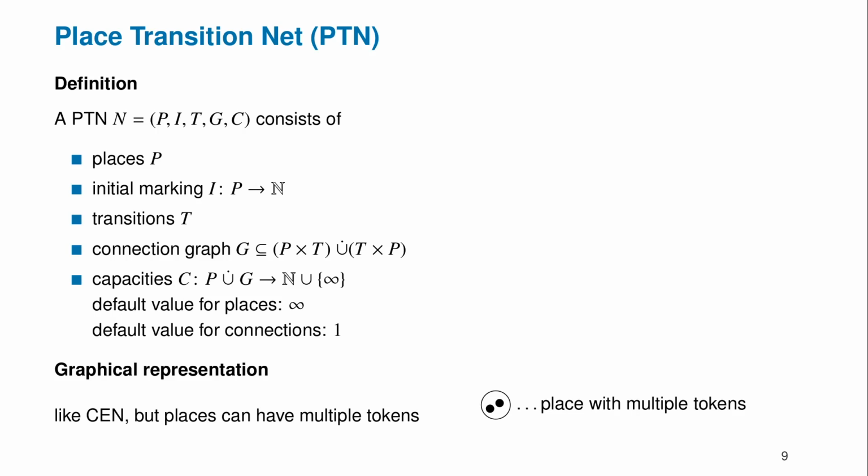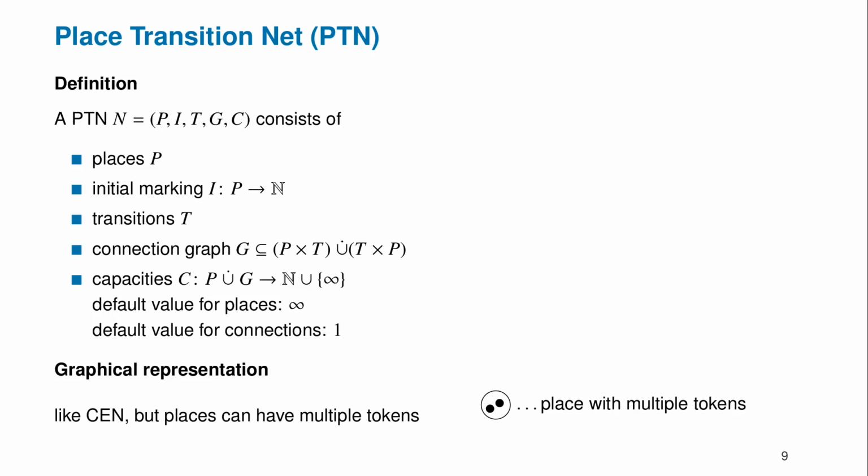where this restriction on the capacity of a condition is relieved, and we can have multiple tokens in one of such conditions, but now in the context of place transition nets, the conditions are called places, and these are specified together with some capacity indicating how many tokens they can take.